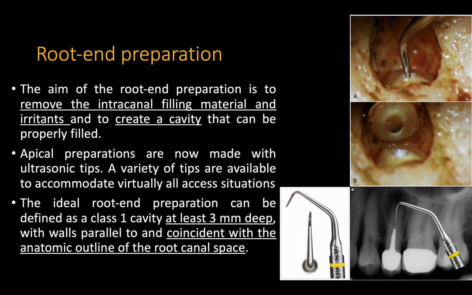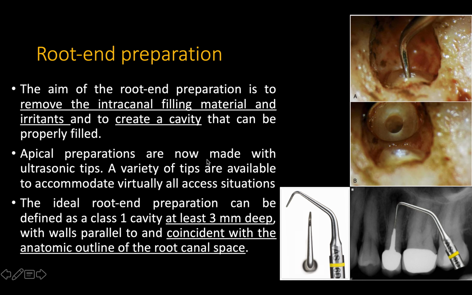After we cut the root end, we have to prepare 3 millimeters of the root end. The aim of root end preparation is to remove the intracanal filling material, the gutta percha and the sealer, to remove irritants and debride the root end, and to create a cavity to place the root end filling in.